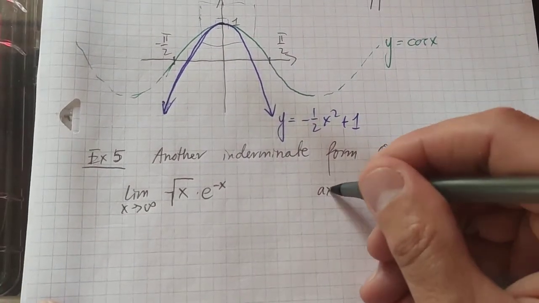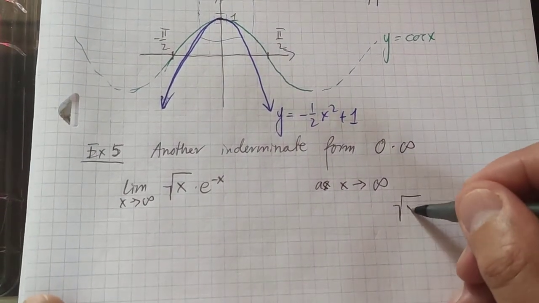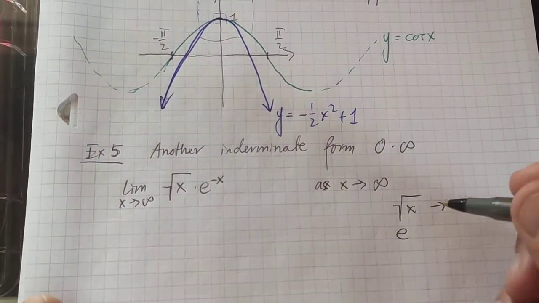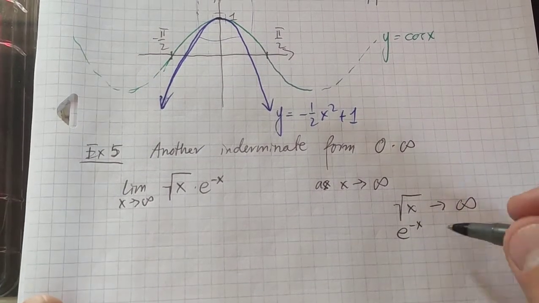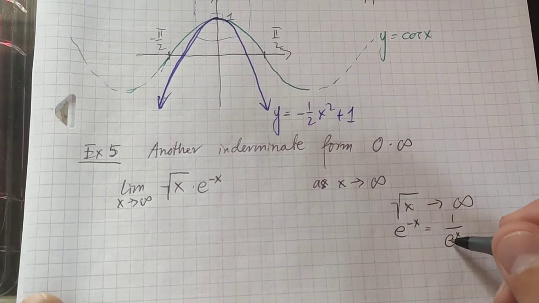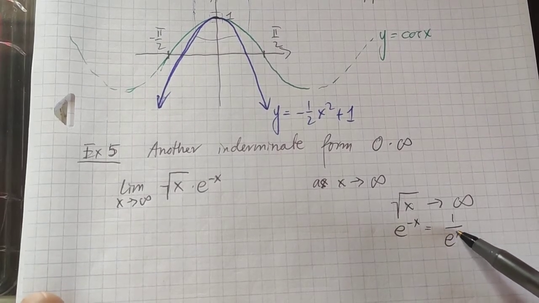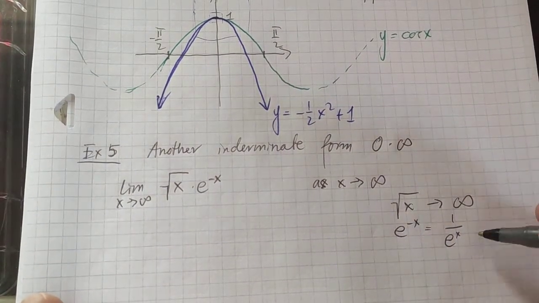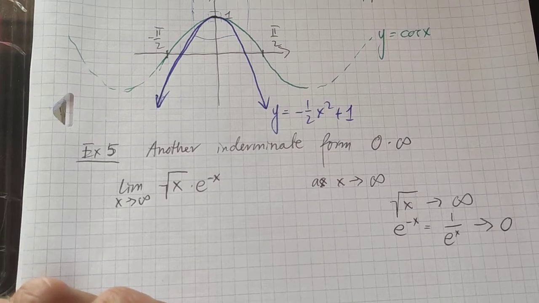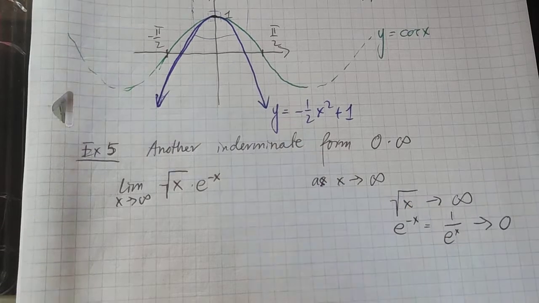So as x approaches infinity, square root of x goes to infinity, obviously, and then e to the negative x. Right, so that's the same as 1 over e to the x. So if this number grows, gets really big, then the whole thing gets really small, right? So that approaches 0. So I have 0 times infinity, or infinity over 0, if I put that e to the negative x in the denominator.